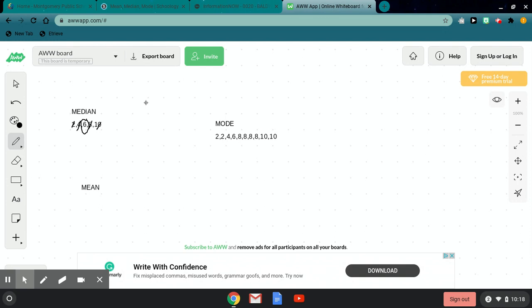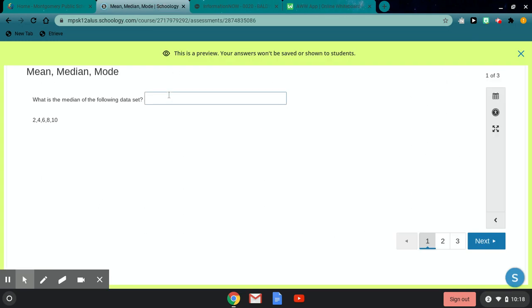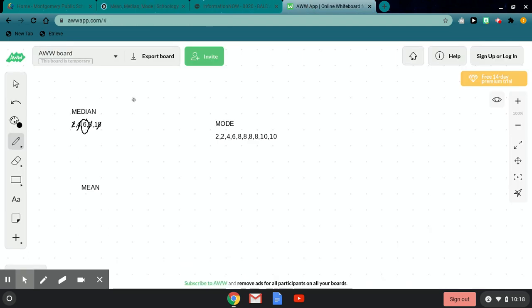That's how we know that 6 is the median. Now, if you have an even number in your data set, let's say that we had another number added on, like 11 here, so that would put 6 and 8 in the middle. You would find the average or the mean of 6 and 8. So 6 plus 8 divided by 2 would be your median.